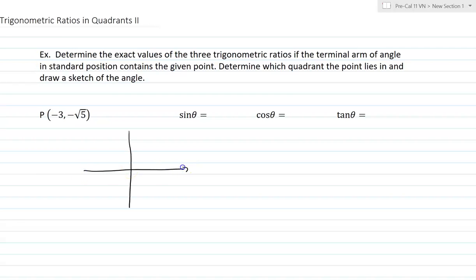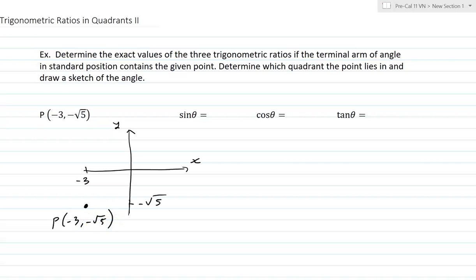here is a quick xy sketch, Cartesian coordinate, and -3 is here, and this is an approximation, nothing exact. Minus √5 is there. The coordinate that we have is right there. That's the point, -3, minus √5.